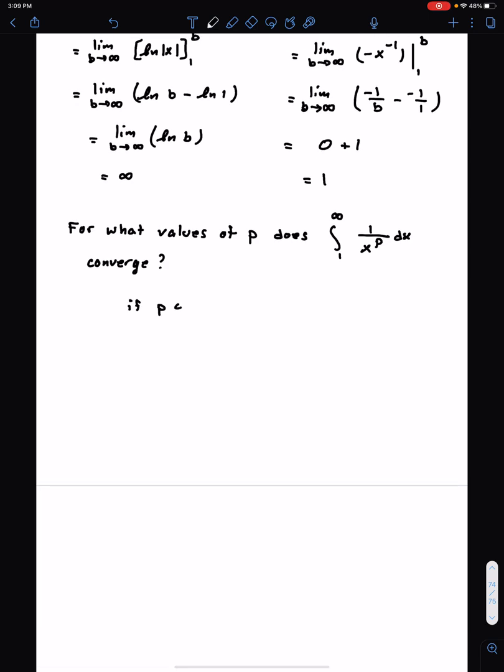So if p is less than or equal to 1, then this integral diverges. If p is bigger than 1, then this integral will converge.